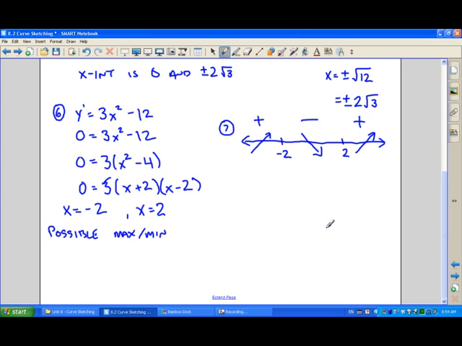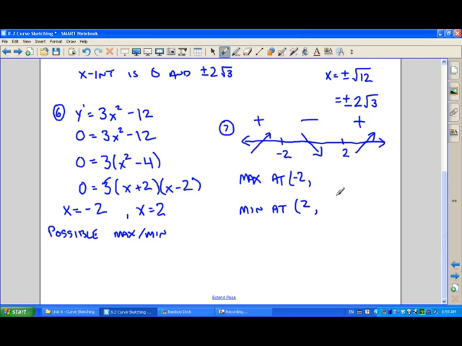So this lets me confirm that I have a max at negative 2 in some point, and I have a minimum at positive 2 in some point.